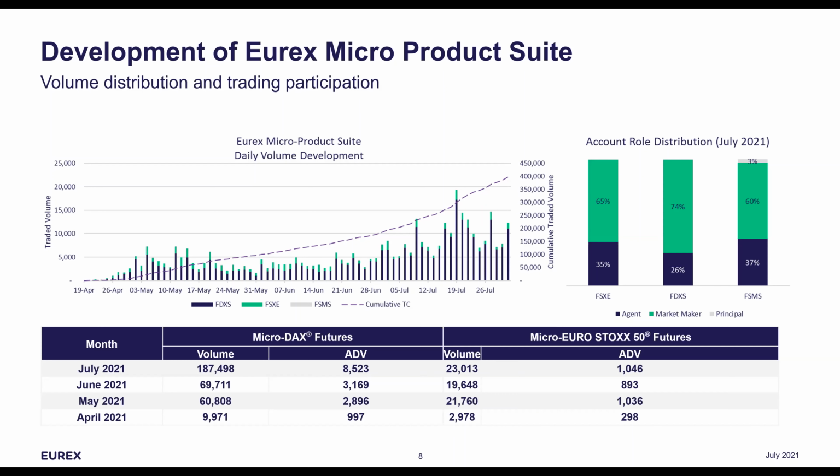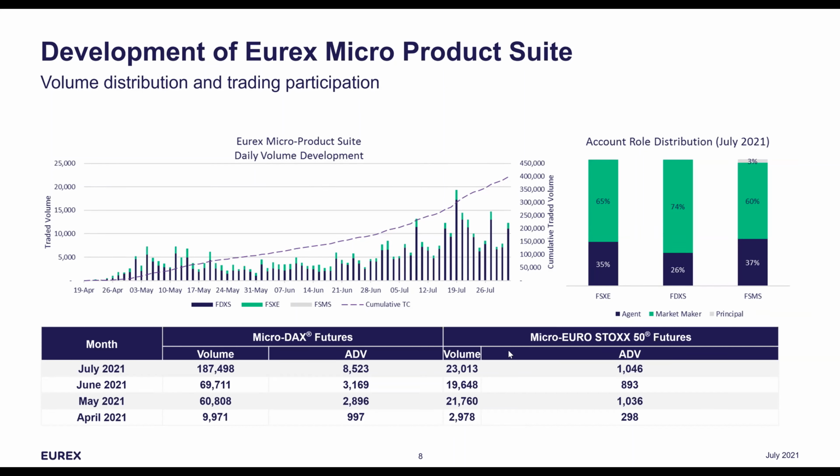So we have a healthy mix between professional investors, market makers, and end client investors coming through via broker flow. I think here it also shows the success of the product so far. Yeah, that's about the latest development of the product.